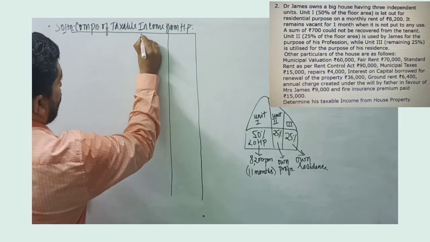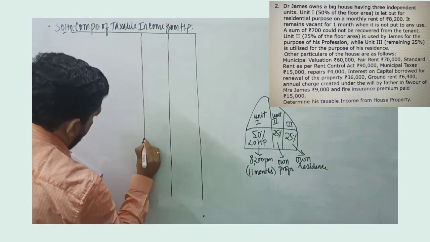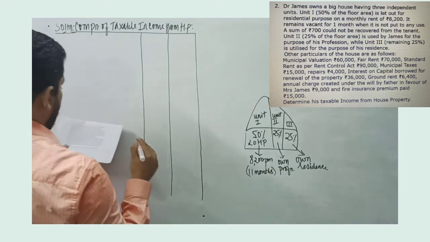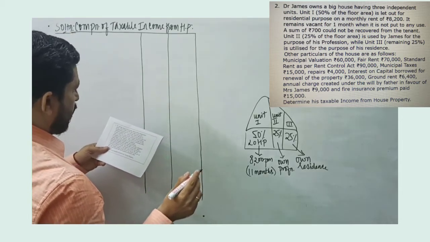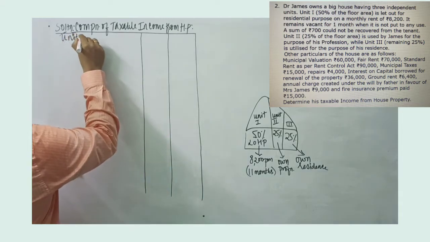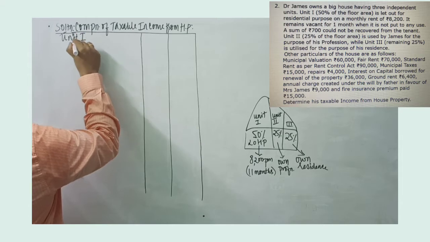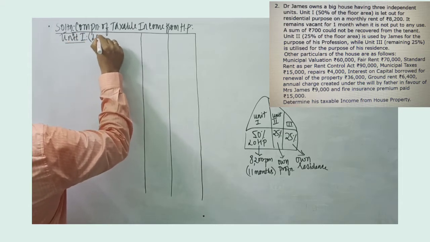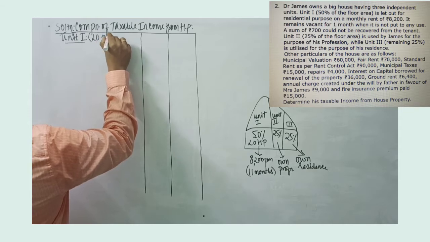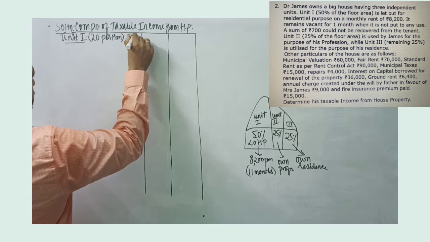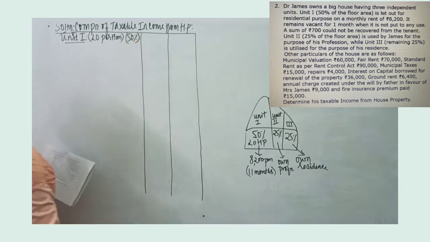So first I am going to talk about unit 1. This is the let out portion, which is 50% of the floor area.